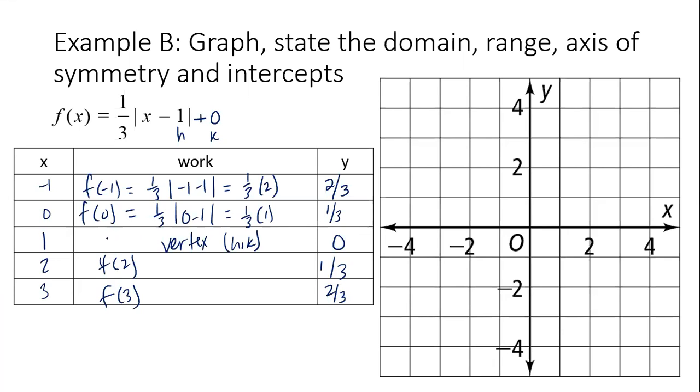Okay, so now when you're graphing this, the easiest thing to graph is 1, 0. So if I go to 1, go to 0, boom. Now graphing 0, 1/3 and 0, -1/3, that's going to be tricky. My cursor keeps disappearing.